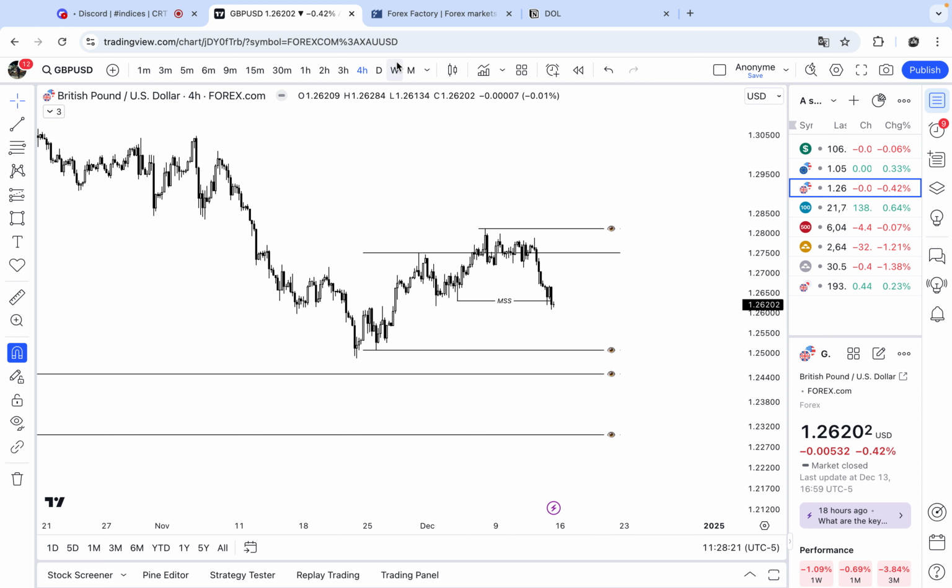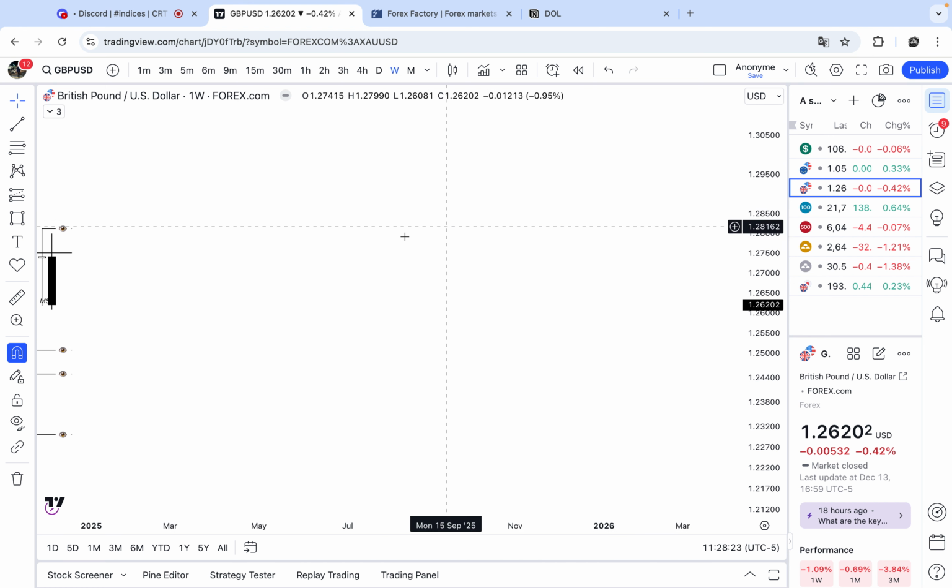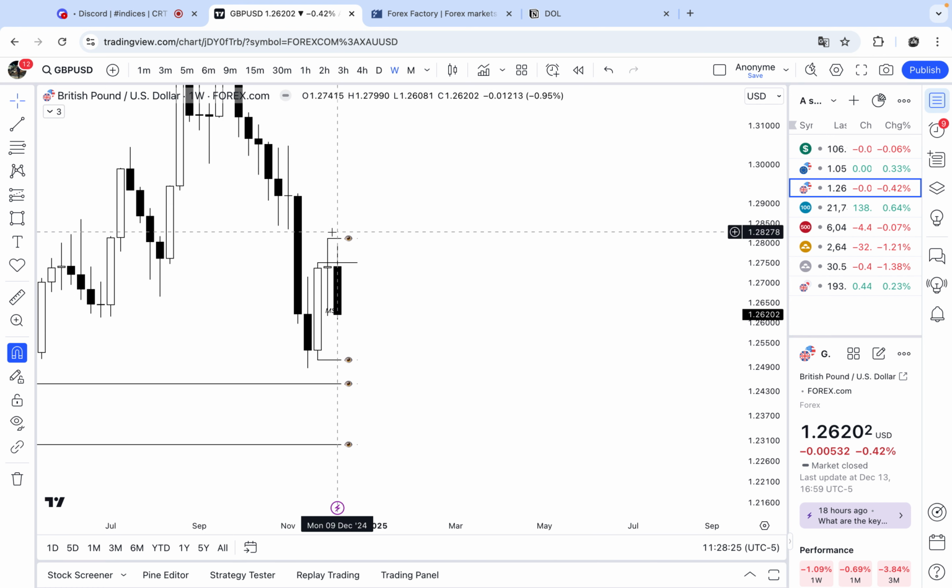So for example, if price purges this high, can it be a market structure shift? Is that what you're saying? No, bro. When the bullish weekly candle purges, can we anticipate an advance market structure shift?